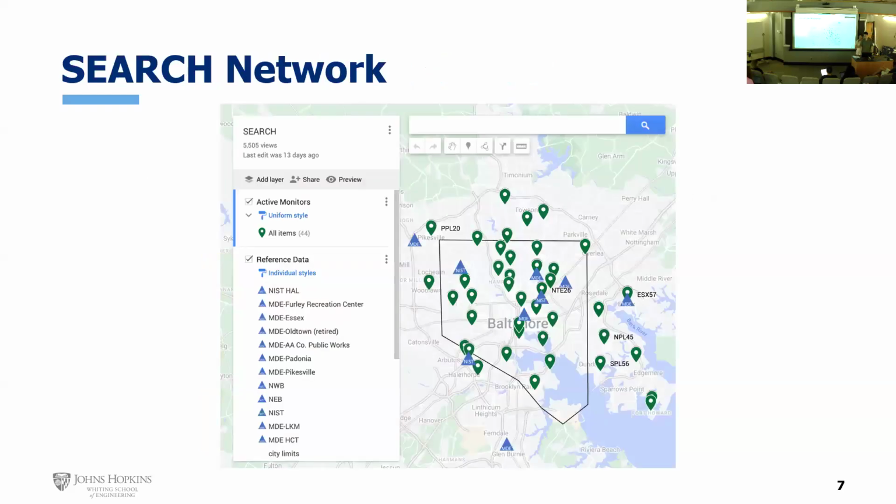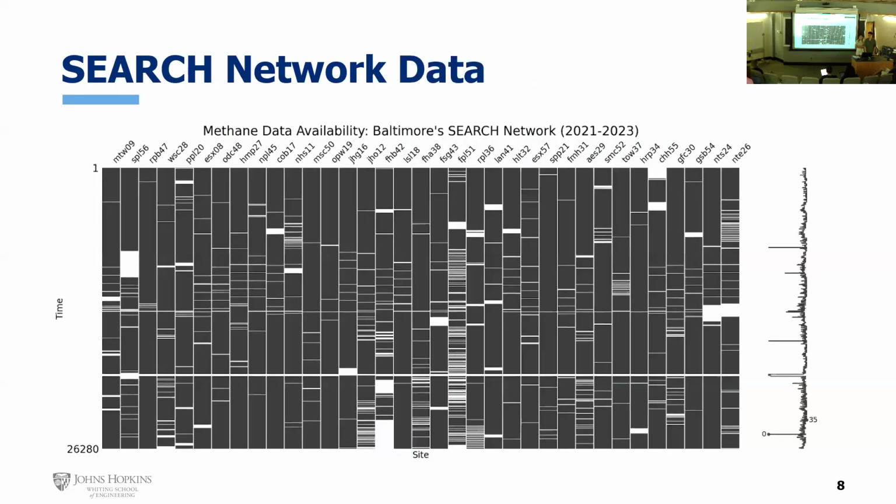So where are the methane sensors here in Baltimore? Professor Kirsten Kohler and Scott Miller talked about how we have this network of multi-pollutant sensors, and methane is one of them. Before we dive into the modeling part, I just want to show you an overview of the data and how there's a lot of messy noise and variability in the data availability and in how accurately they're monitoring.